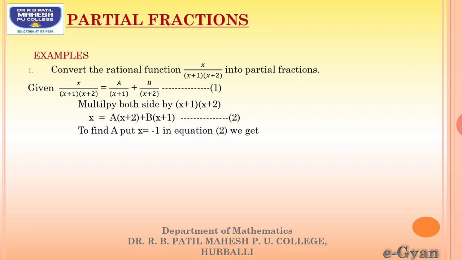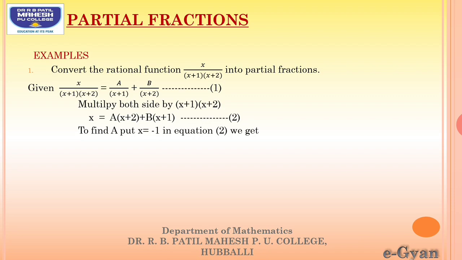Next, by using equation number 2, we have to calculate the values of a and b. So first, to find a, put x equal to minus 1 in equation number 2. Why did we take x equal to minus 1? Because if you want to find a, the b term should be 0, that is the second term should be 0.